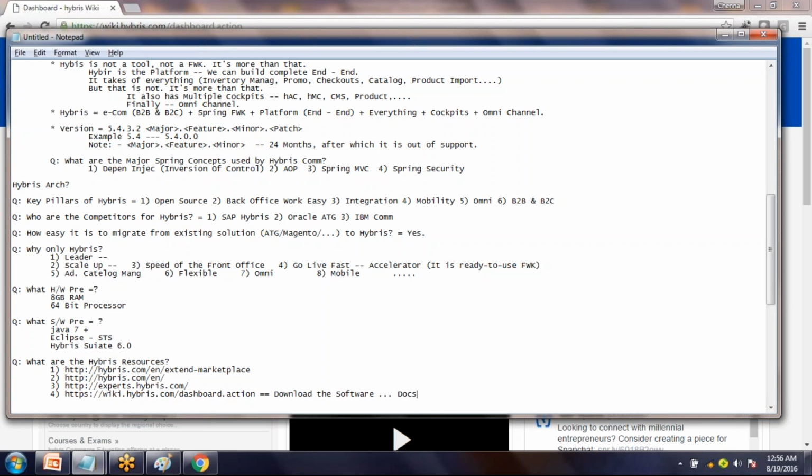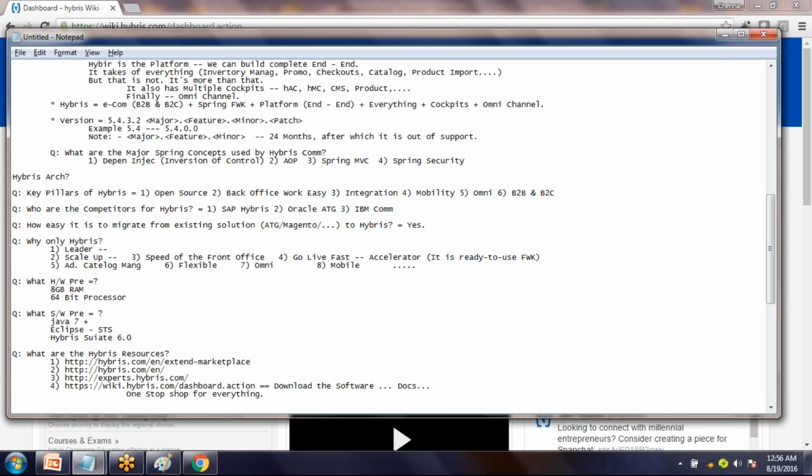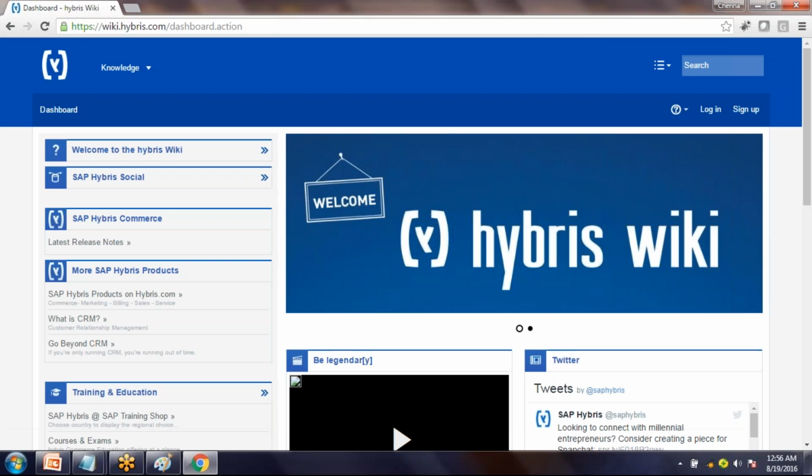You have a lot of docs you can read. You have pricing information, product information, and product downloads. In simple words, this is a one-stop shop for everything you need about Hybris.